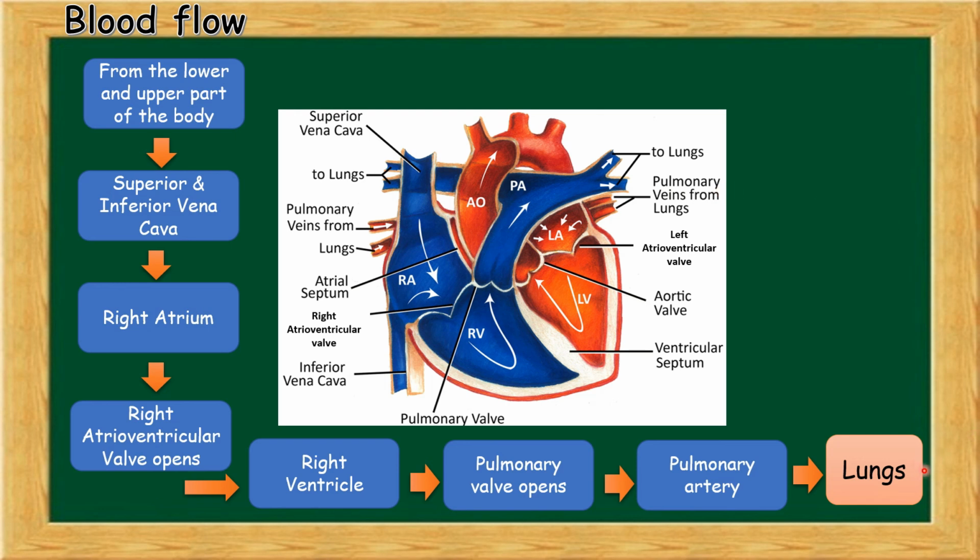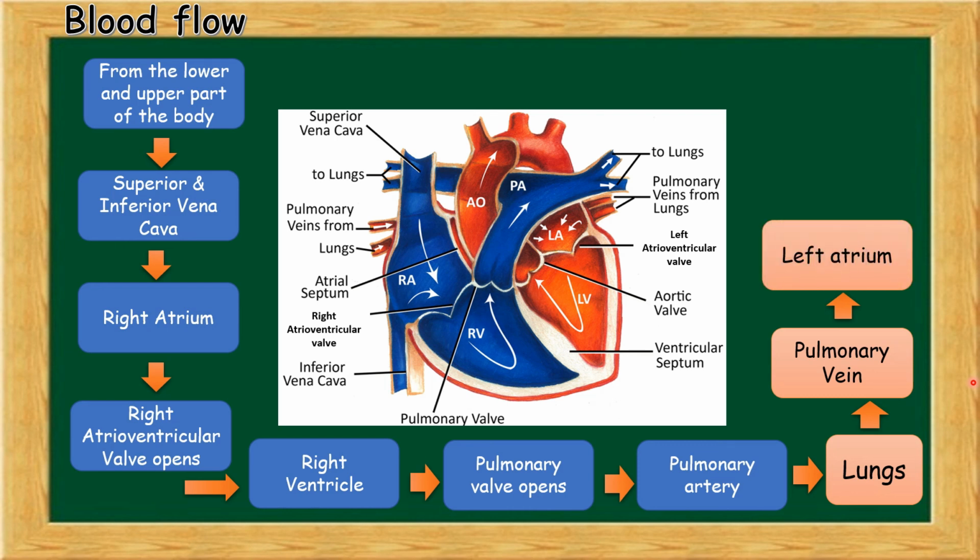So from the lungs, the oxygen-rich blood will go back to our heart by means of veins, which are called pulmonary veins. From the pulmonary veins, the oxygenated blood will flow to another chamber of our heart, which is the left atrium.